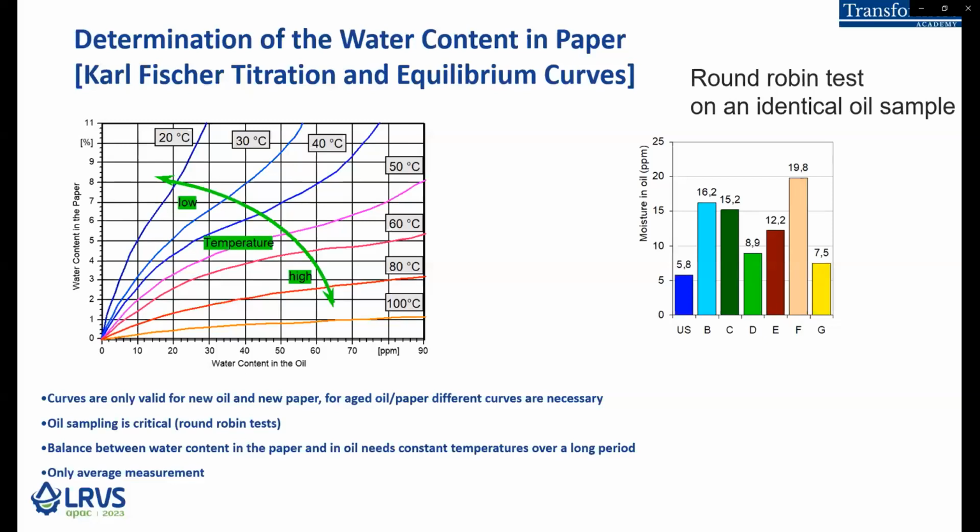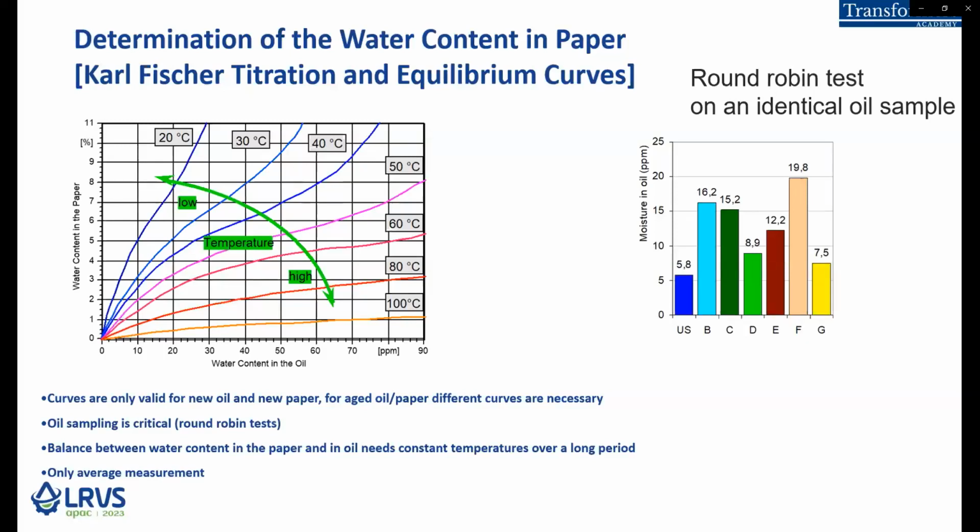So we don't know the most important parameter in the transformer, how much water the paper, the cellulose, contains.